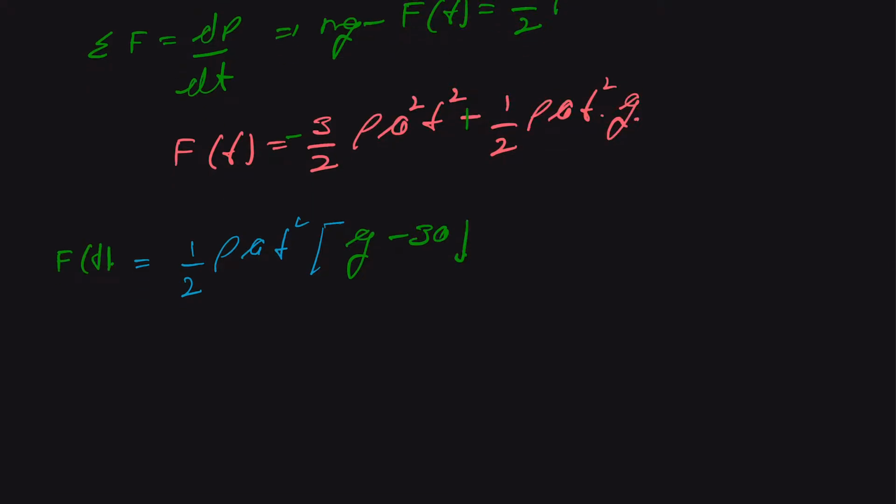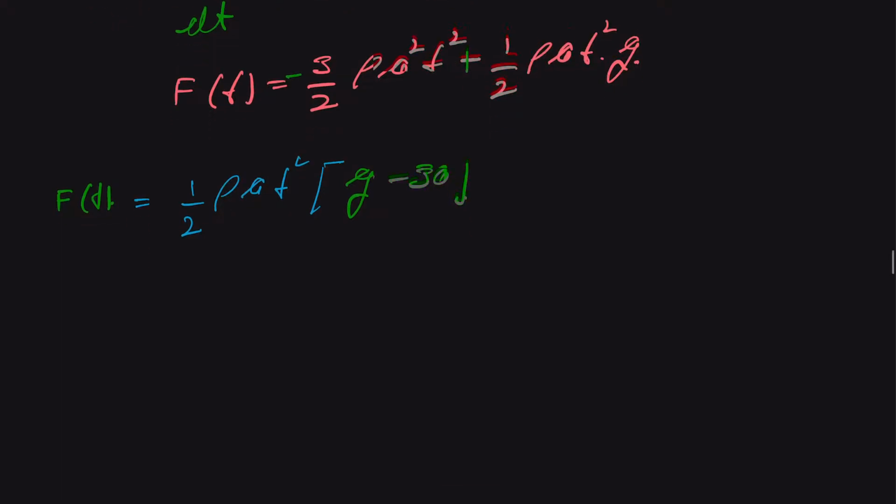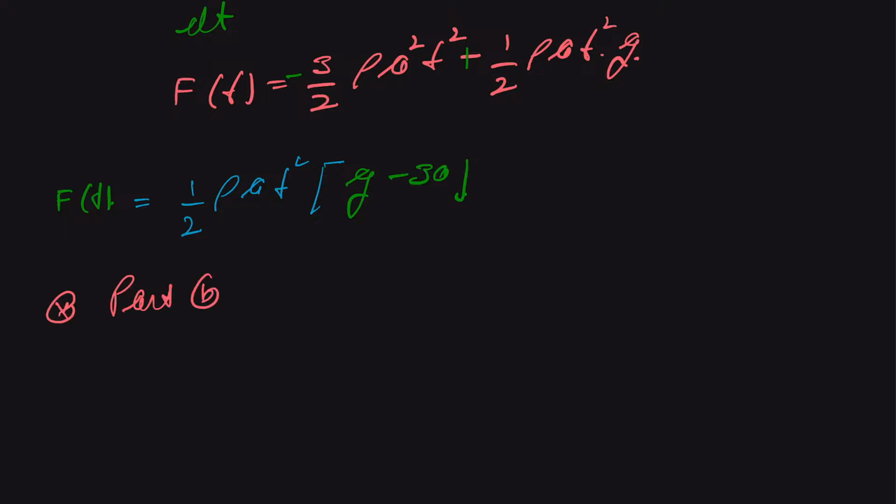Second part is quite easy. We can simply find it from this particular equation. Part B states the acceleration for zero force. So what we want is the force to be zero at all times, so we simply equate this equation to 0.